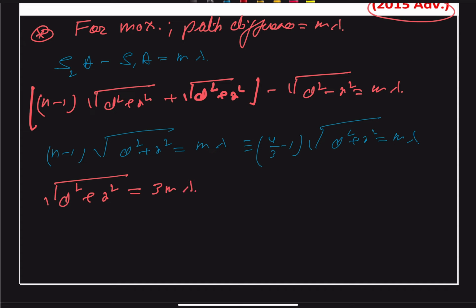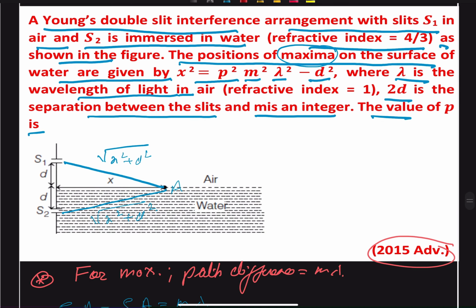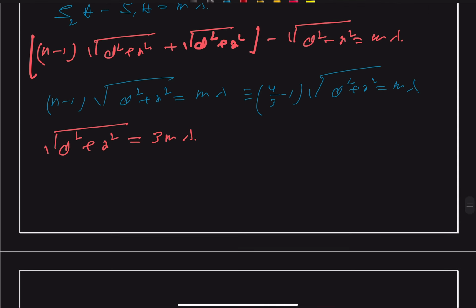So we can rearrange this equation as per the equation given in the question. Okay, so we rearrange it, and this gives us x square is equal to 9m square lambda square minus d square. So therefore we get p square is equal to 9, giving us p is equal to 3.